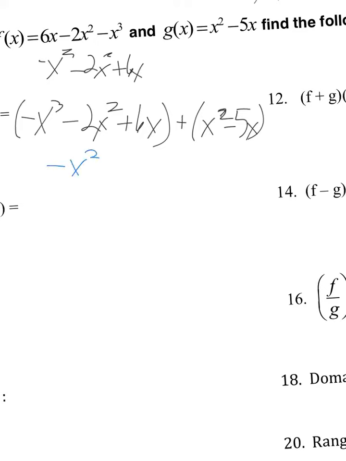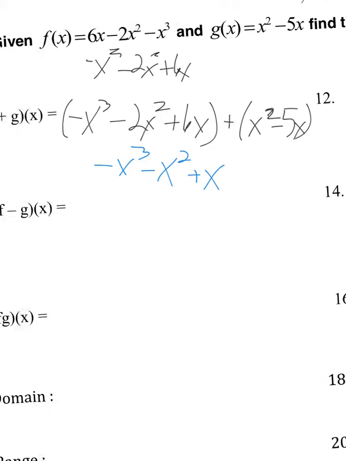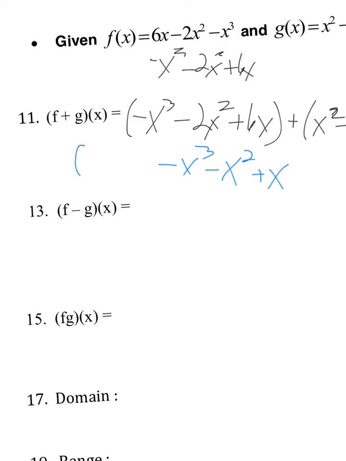I have negative 2x squared and plus x squared, so that'll be negative x squared. Oh, and I wrote x squared by accident. This one's to the third. Then I have 6x minus 5x. That's just going to be x. So this is my f plus g of x function.